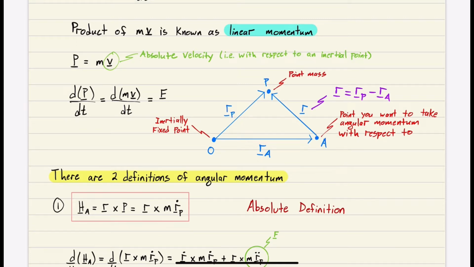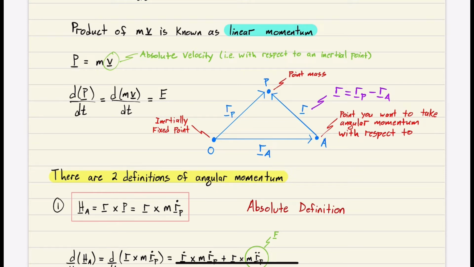And then pointing from our point A to point P, that is just R. If you recall your vector addition and subtraction, if you go from A to P, that's equal to R_P minus R_A. Gives you this vector right here, R, right? And that's written right here. R is equal to R_P minus R_A. Okay, so that's the setup.